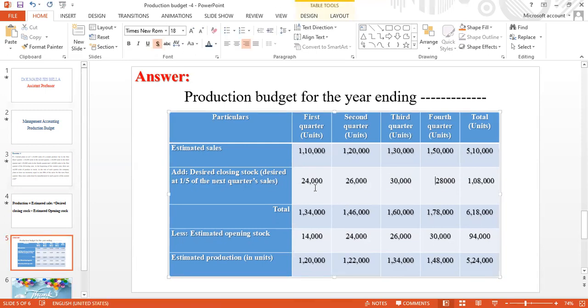How can we find out the closing stock for all the quarters? The first quarter, that 24,000 means 1,20,000 into 1 by 5. I will write it here also: 1,20,000 into 1 by 5.